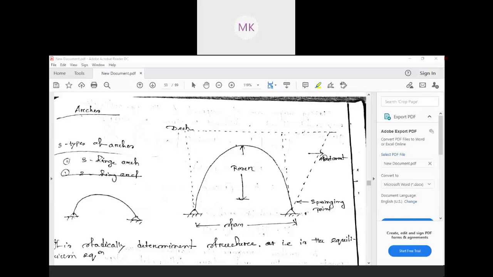So we will discuss these arches. I think all of you know what an arch is and how it looks.